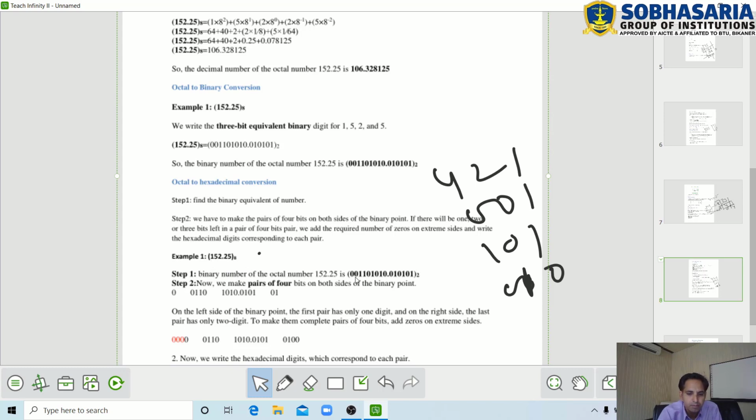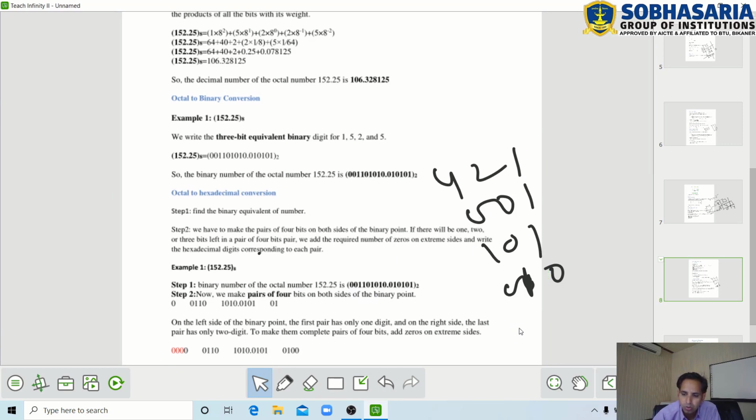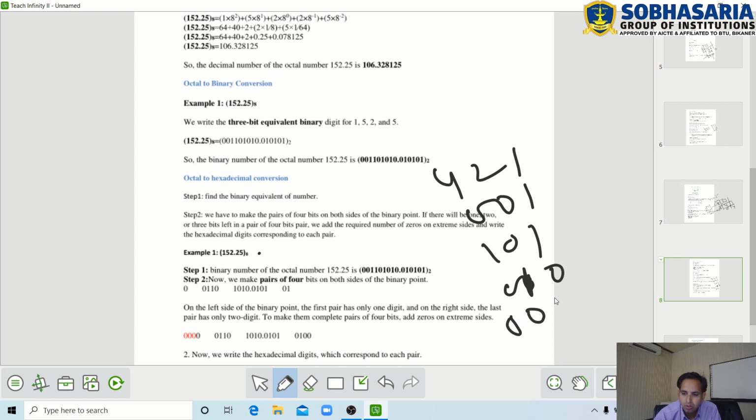Again, 1 is represented as 001, and 5 is 101, with the help of the 421 code. 2 will be 010, 2 will be 010, point, 2 again 010, and 5 is 101.